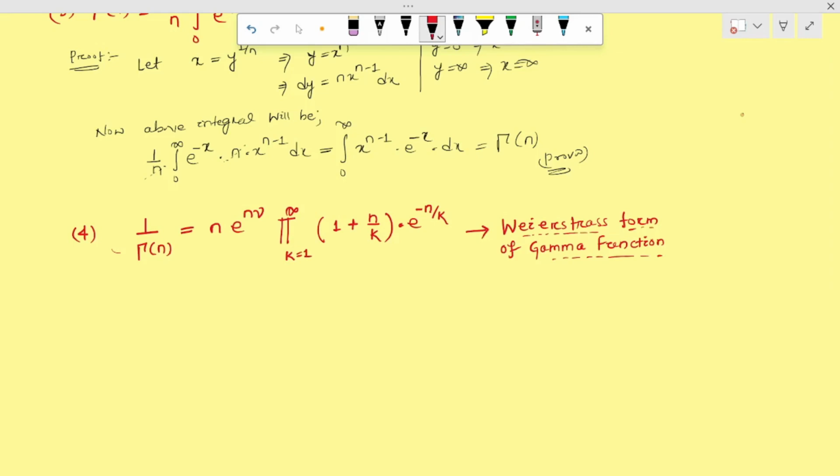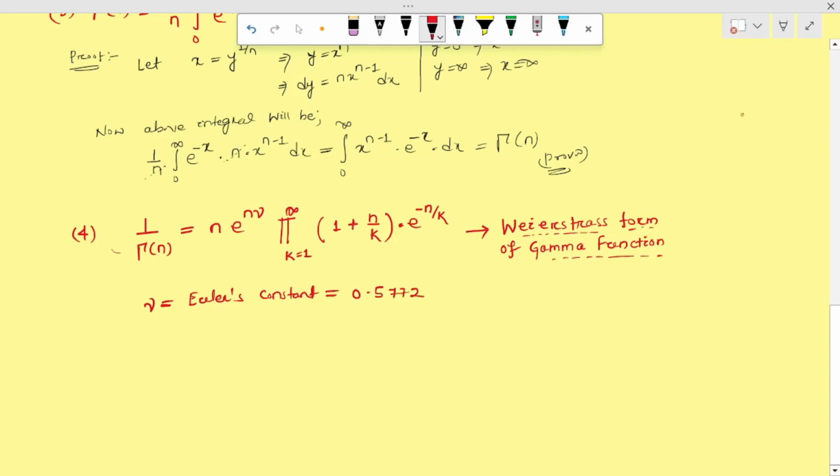This is also called the Weierstrass form of the gamma function. And here this mu is called Euler's constant, and it has a value of 0.5772.